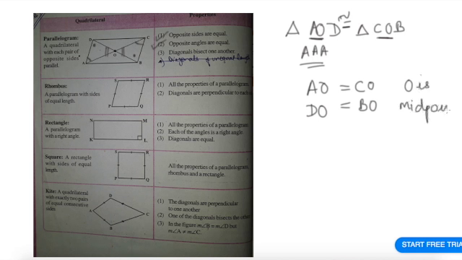So because of the ASA test, both the triangles are congruent, and if the triangles are congruent, we know that side AO is equal to side CO. So AO is equal to CO, and we know that DO is equal to BO, and hence when AO is equal to CO, that means O is the midpoint, and when O is the midpoint, they bisect each other.